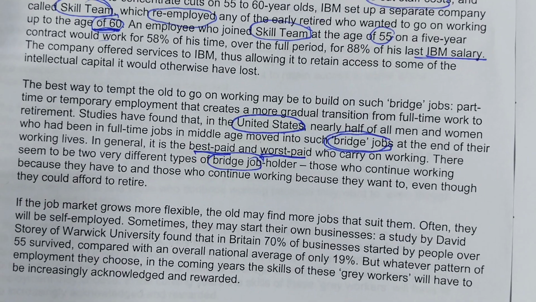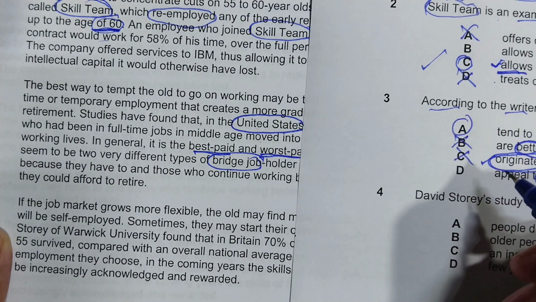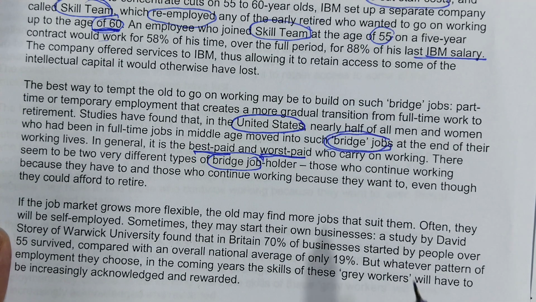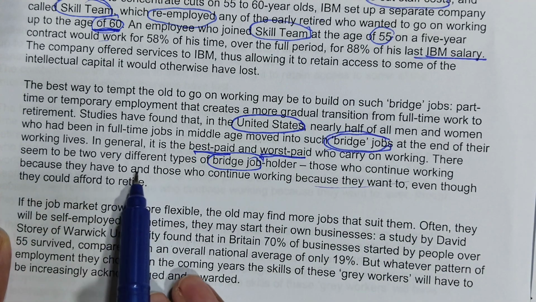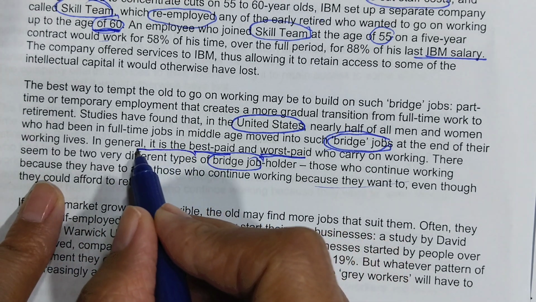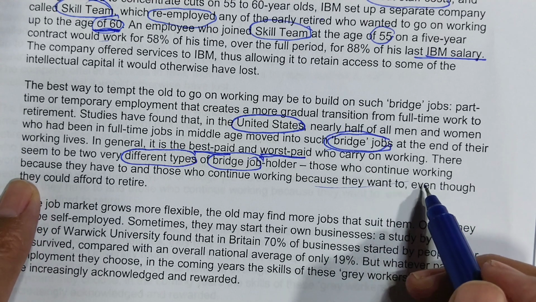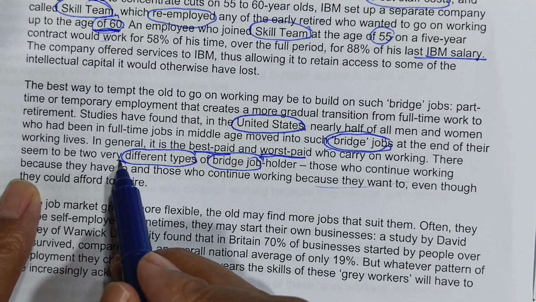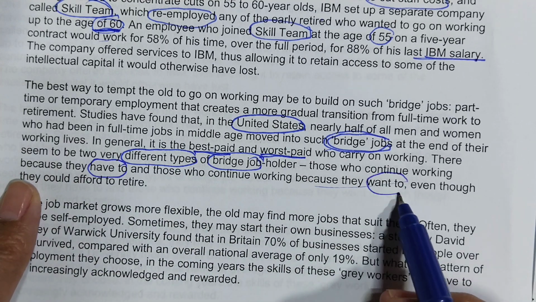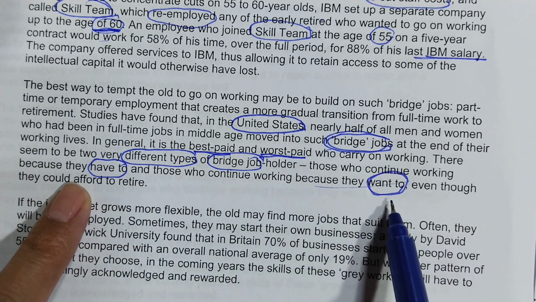So now we are supposed to move towards our next option. We have two options now, option A and option D. So we will think about it now. Let's read the next passage. There seem to be two very different types of bridge job holders. Now they are talking about two very different types of bridge job holders. Those who continue working because they have to work, and those who continue working because they want to. They're talking about two types of people: first, they have to work, and second, they want to work.